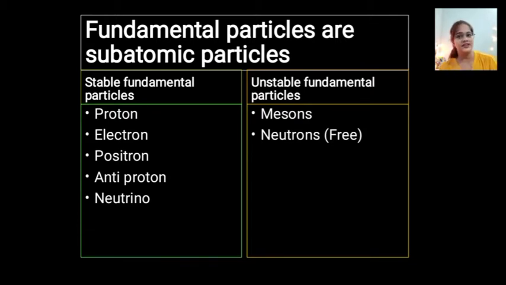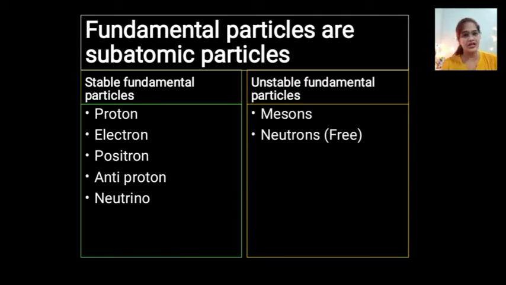Yes, I will discuss it now. When these subatomic particles are found inside the atoms, they are stable. All the fundamental particles inside an atom are stable. But when we take them out of the atom, the stability of some subatomic particles is not there, so they are known as unstable.